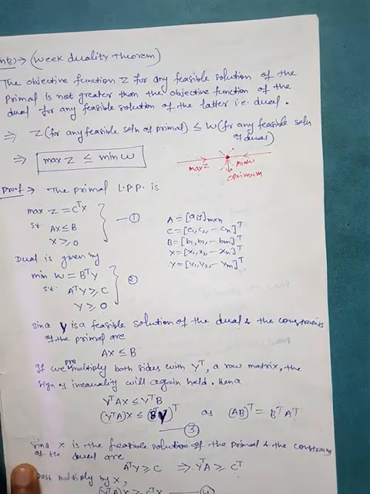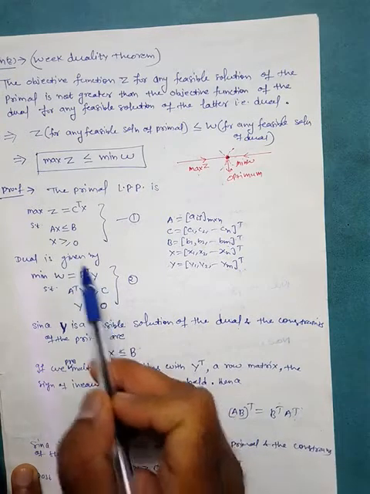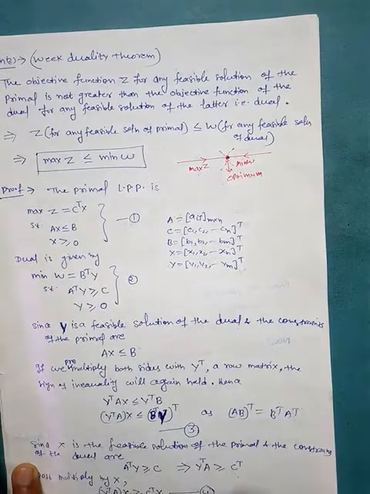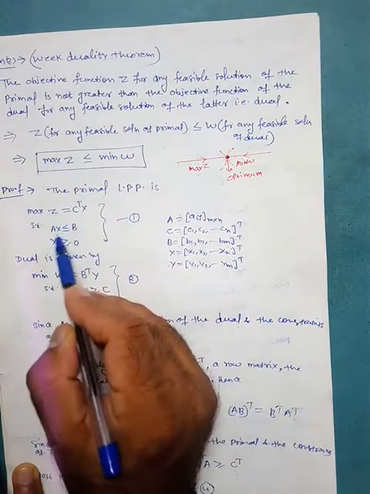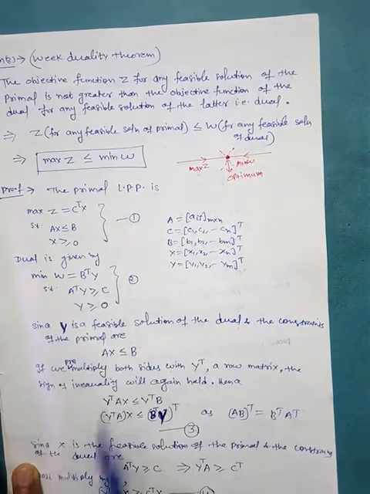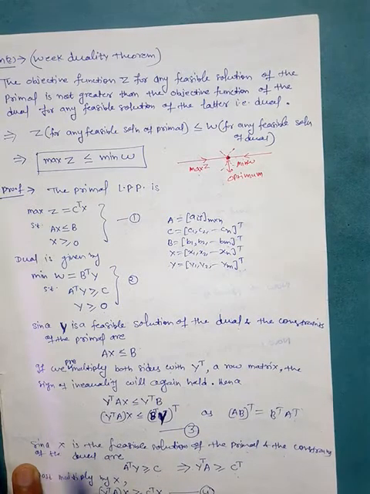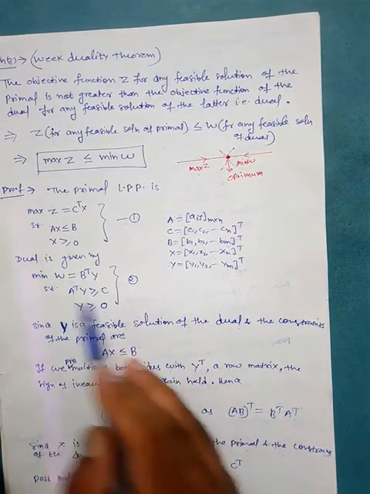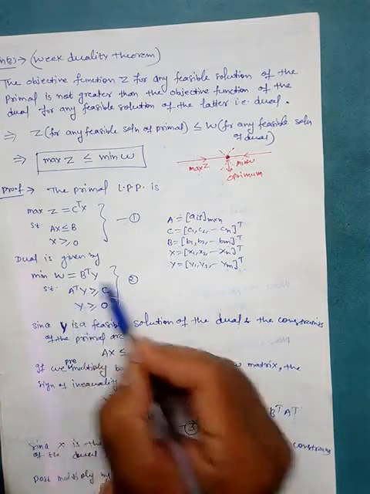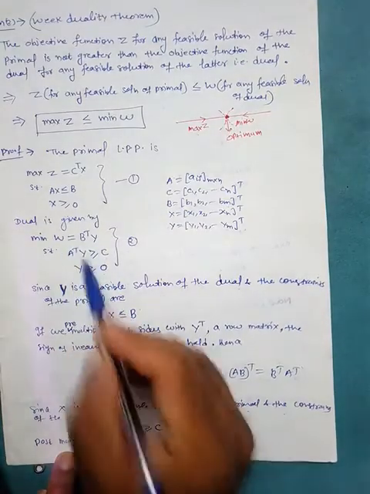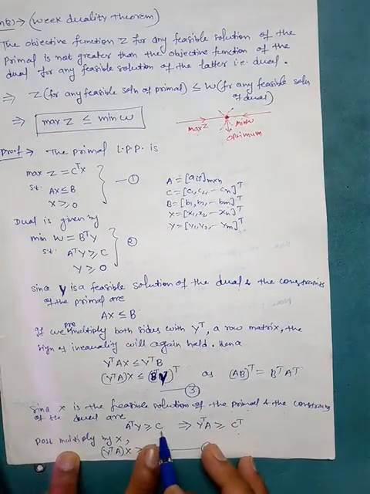Earlier we took the variable from the dual and the constraints from the primal. Now we do the reverse: we take the variable of the primal and the constraints of the dual. Since x is the feasible solution of the primal, and these are the constraints of the dual, we have taken these constraints: A transpose y is greater than or equal to c.